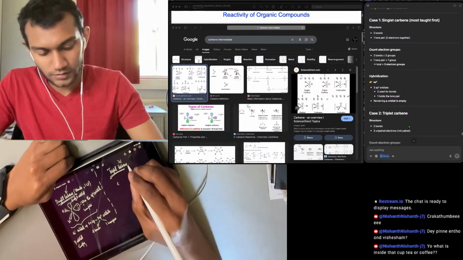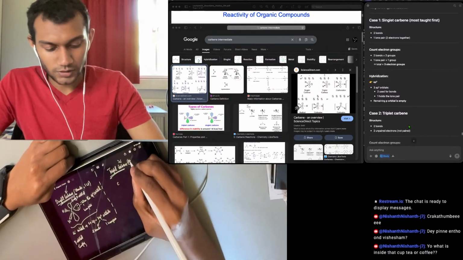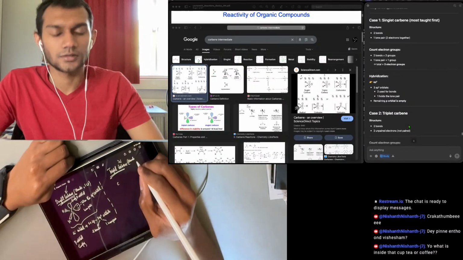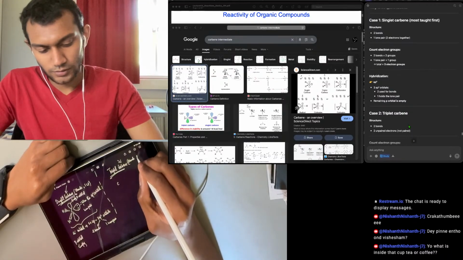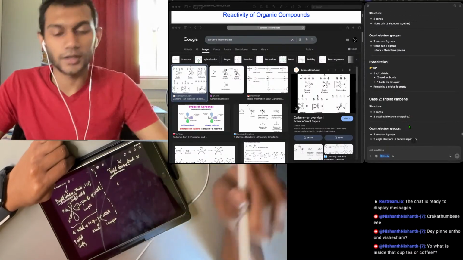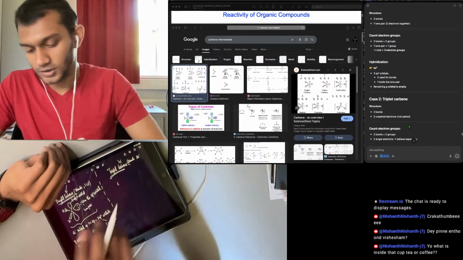Triplet carbene has also 2 bonds and 2 unpaired electrons. 15 minutes.